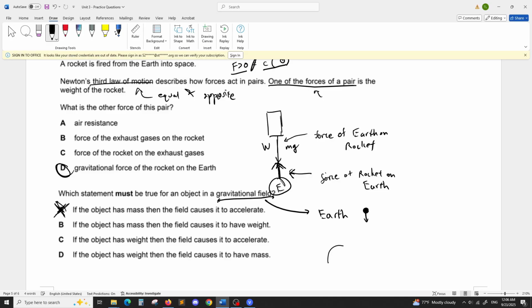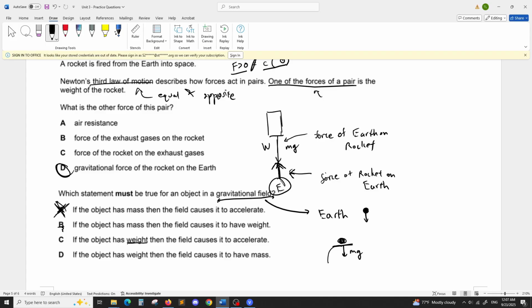If you have a hand holding your ball, it's going down with mg, and you can feel it putting weight on your hand. So maybe if an object has weight, then the field causes it to accelerate. But weight implies that it already has acceleration.